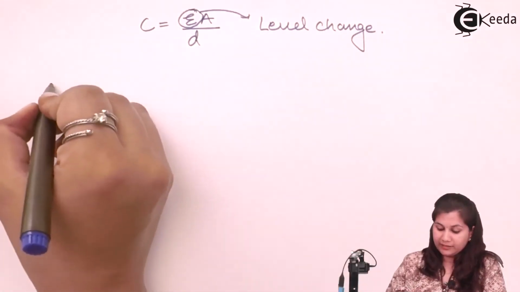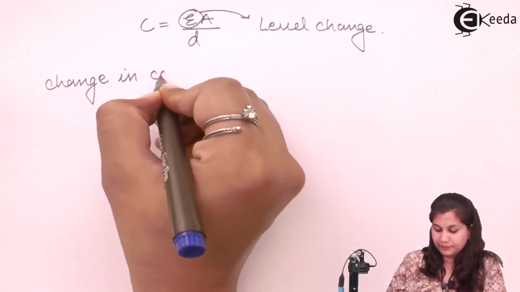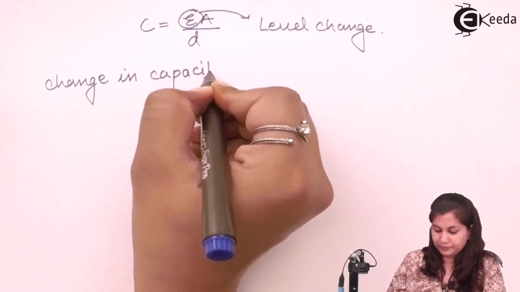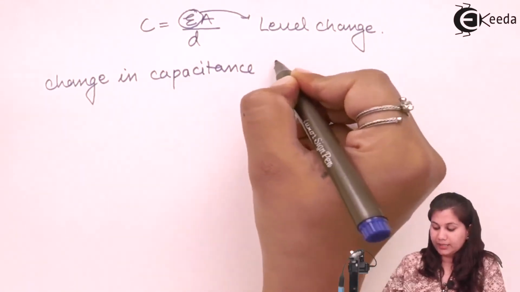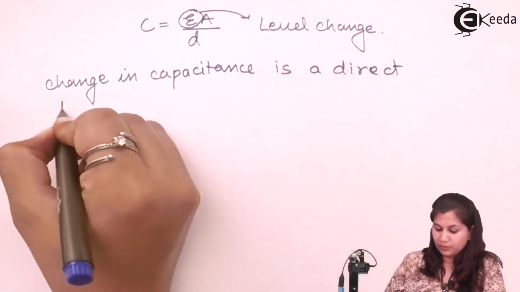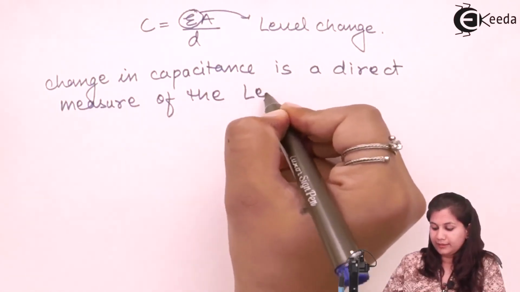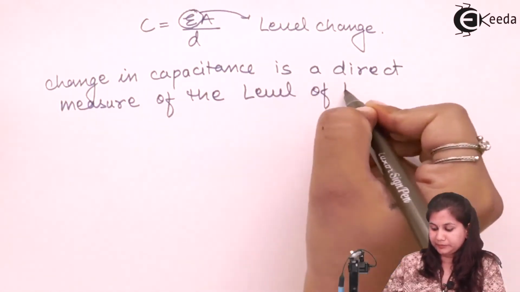So we can say that the change in the capacitance is a direct measure of the level of the liquid.